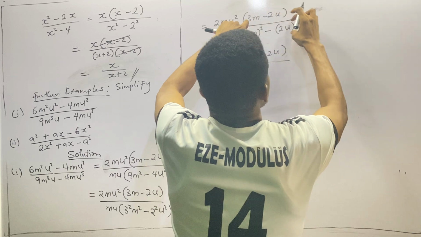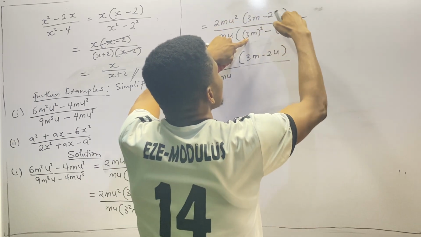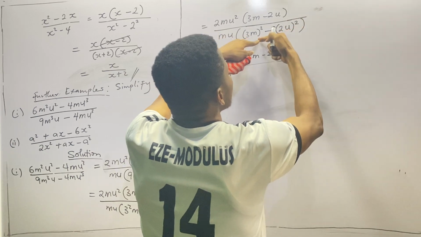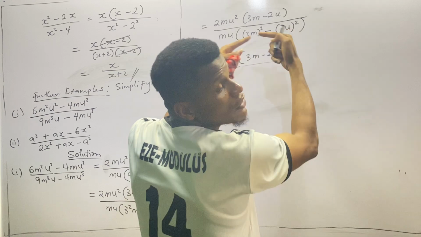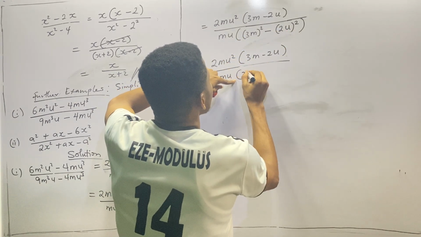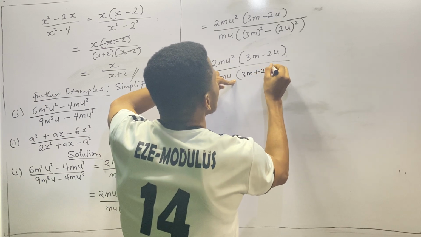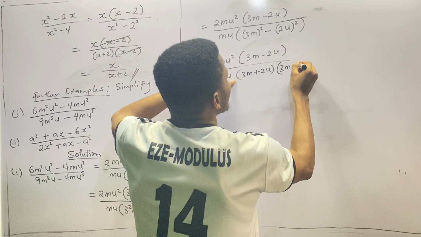Because I'm about to write this as a multiplication. So a difference of 2 squares, a term squared minus another term squared, should be the sum of the two terms multiplied by the difference of the two terms. And order is important. So here we have 3m plus 2u into 3m minus 2u.